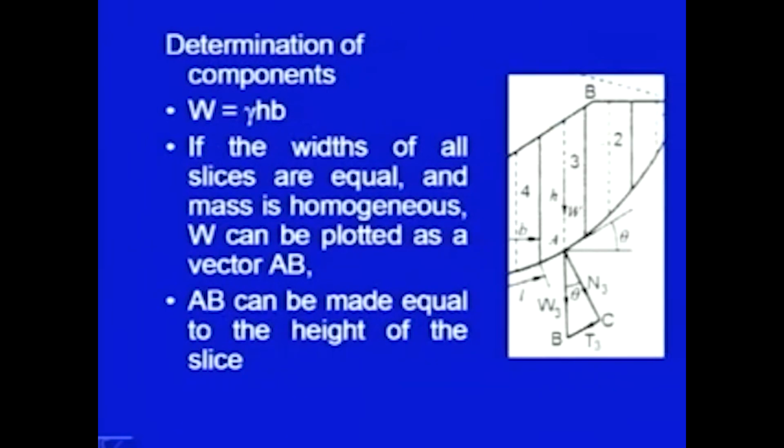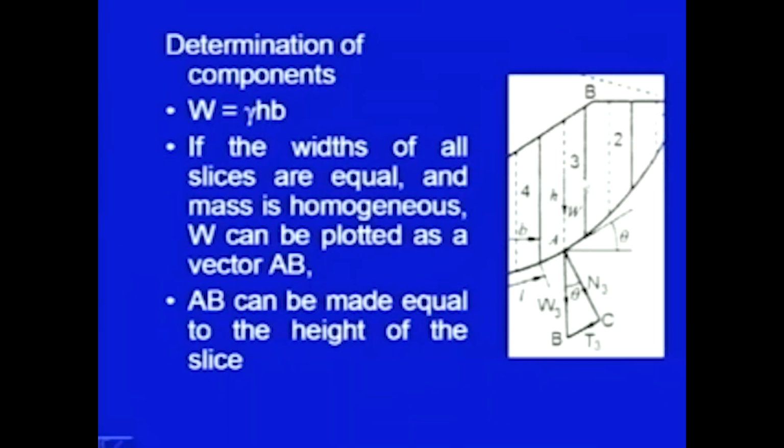Now, graphically, to calculate the different forces, let us start with the weight W. So, this is the third slice which we are taking into consideration. Weight will be equal to gamma into h into b, where h is the average height of this slice, b is the width of this slice.